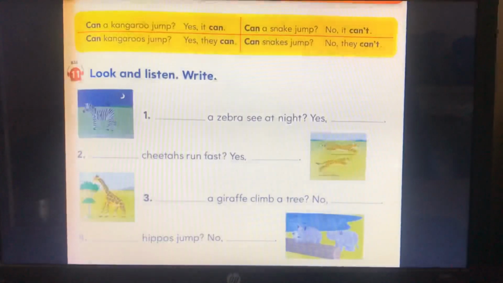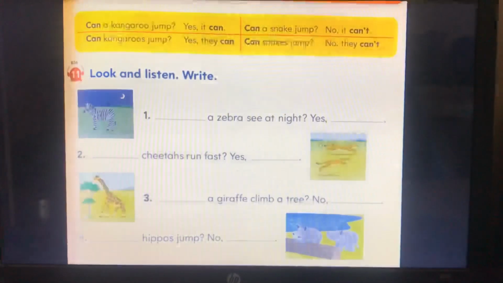Now, let's look at number 1. Blank a zebra see at night? Yes, blank. Okay, so in number 1, we have 2 blank spaces. Using can or can't, we will figure out which one belongs.